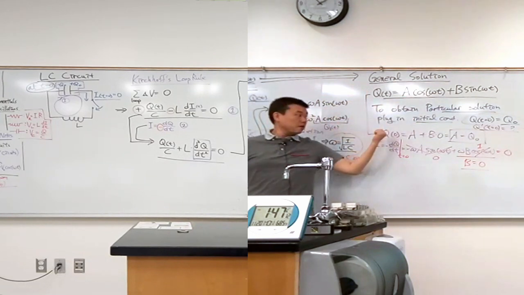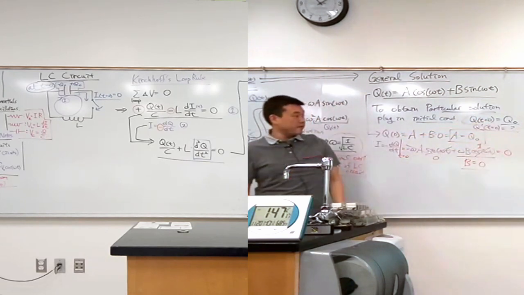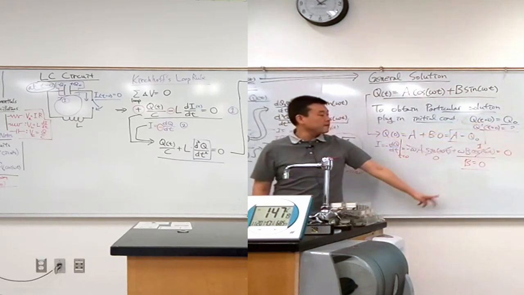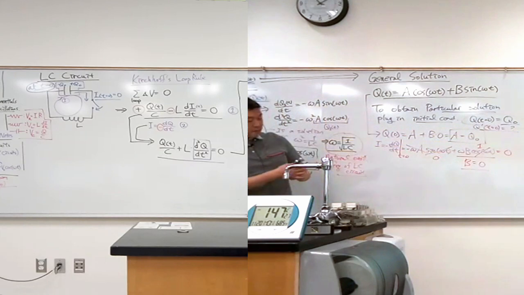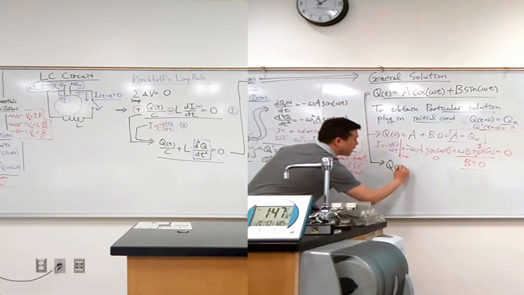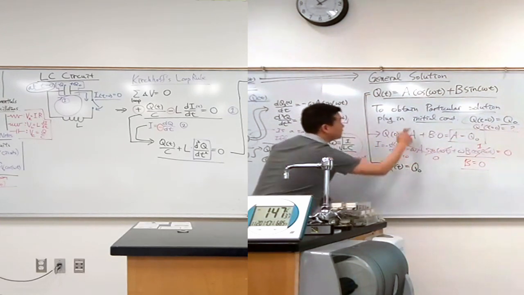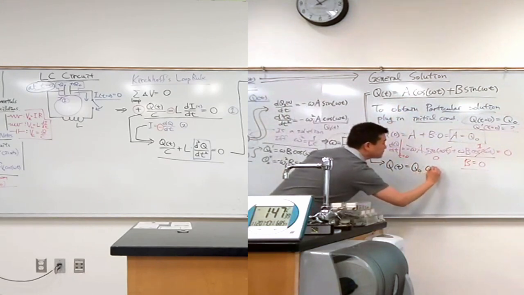Just plug in the snapshots that are given to you. That gives you A is equal to that, and B is equal to that. So for this particular case, this is our particular solution. Q as a function of time is equal to Q naught cosine omega t.